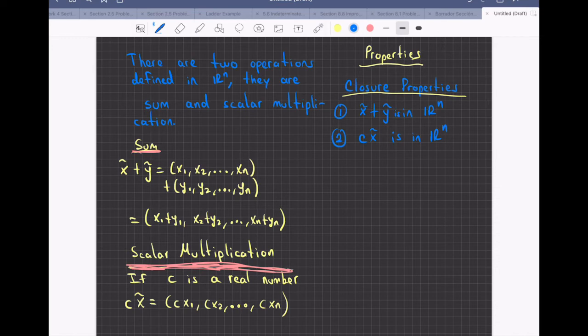It means that if you sum two vectors, that resulting vector is going to stay in the same space or the same set, Rn. If you do the scalar multiplication, that result is going to be in Rn as well. I mean, the operations, sum and scalar multiplication, always produce results, or vectors, in Rn.